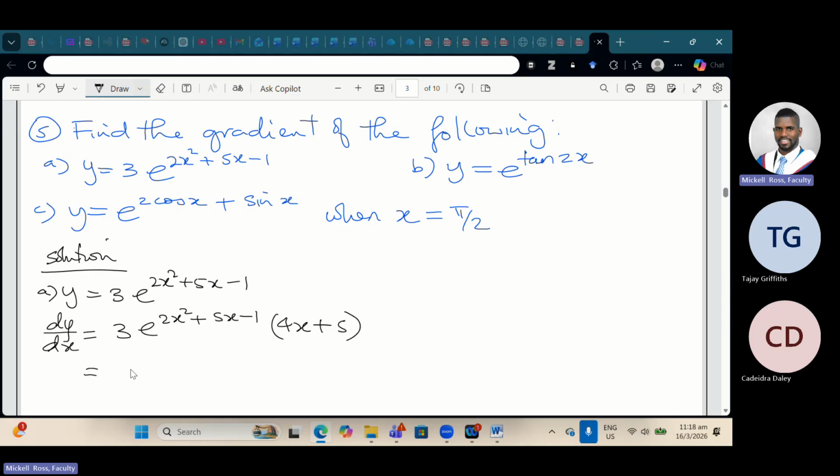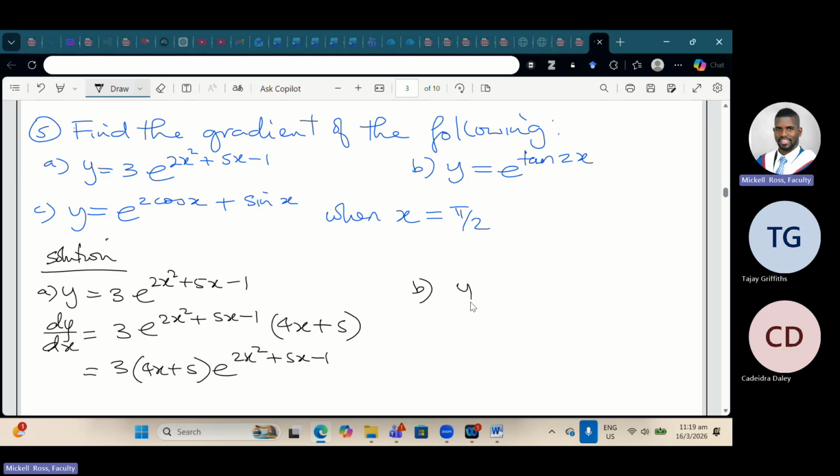So your final answer is going to be 4x plus 5 times 3e to the 2x squared plus 5x minus 1. You don't need to expand this bracket. You can just leave it as is.